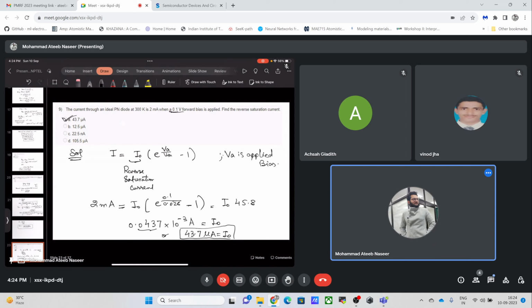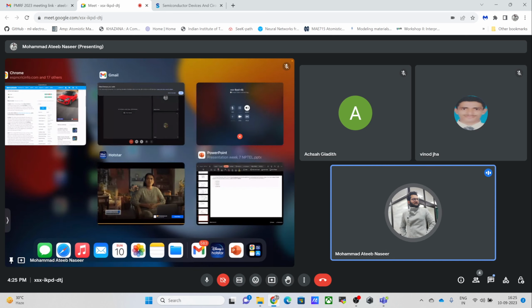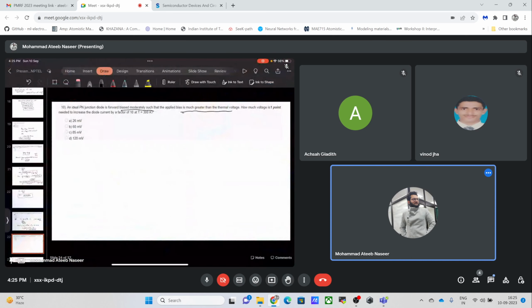Now let's move towards another problem, which says that we have an ideal PN junction which is forward biased, moderately forward biased, such that the applied bias is greater than the thermal voltage. The solution for this is simply that VA is much greater than VTH.